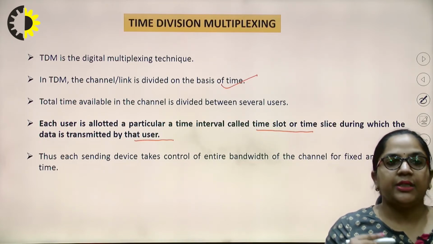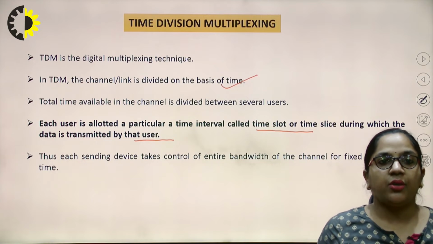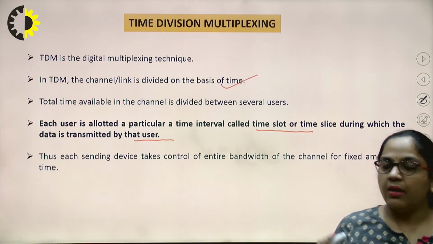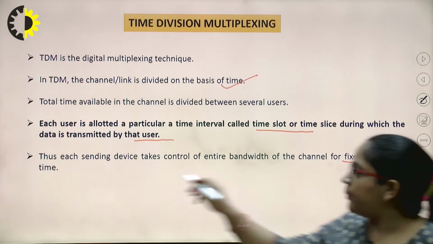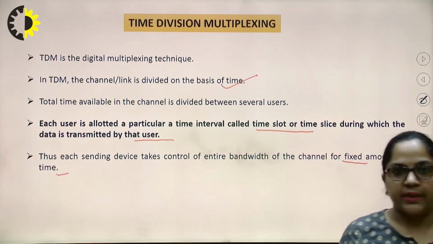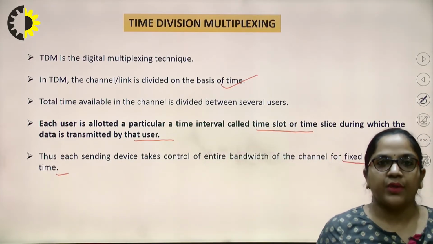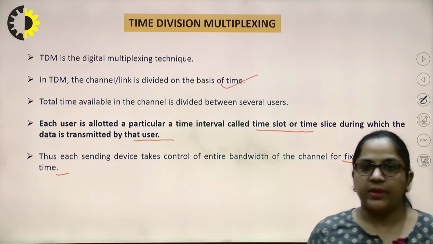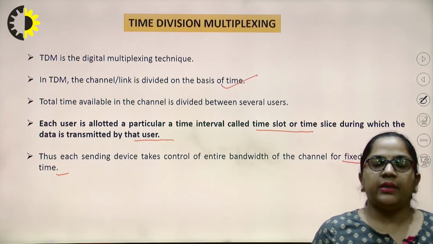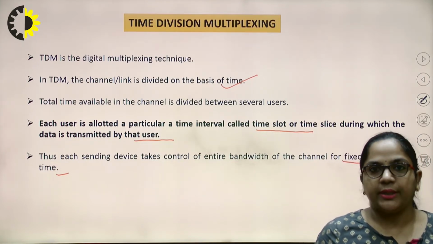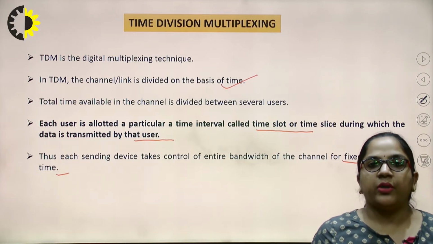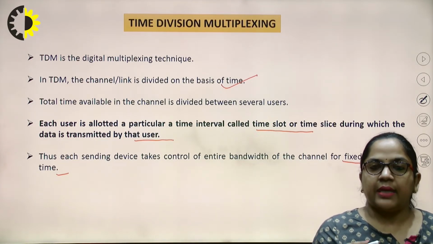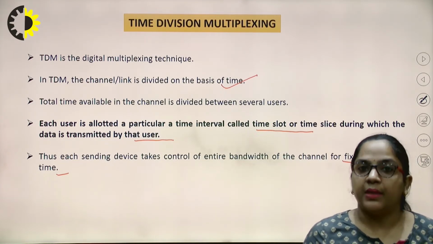Thus each sending device takes control of the entire bandwidth of the channel for a fixed amount of time in case of time division multiplexing. What happens in frequency division multiplexing, which we also discussed in the very first unit when we discussed the need of modulation? One of the needs of modulation is that it helps us to perform multiplexing.